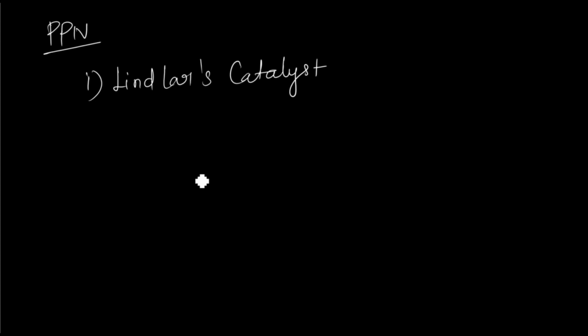Hydrogenation can take place. One more important catalyst in case of alkenes you have to remember is Lindlar's catalyst. Lindlar catalyst is nothing but hydrogen with palladium on calcium carbonate, and quinoline will be there.